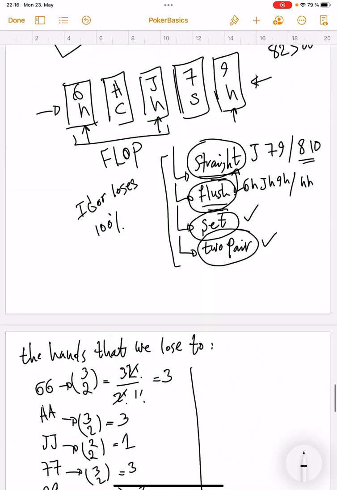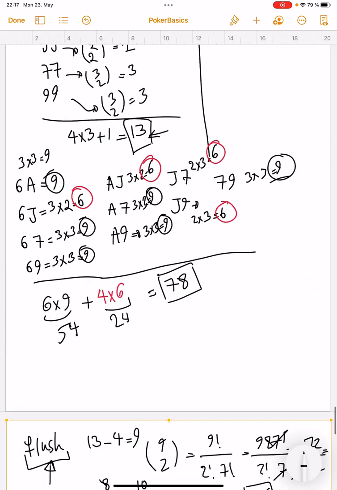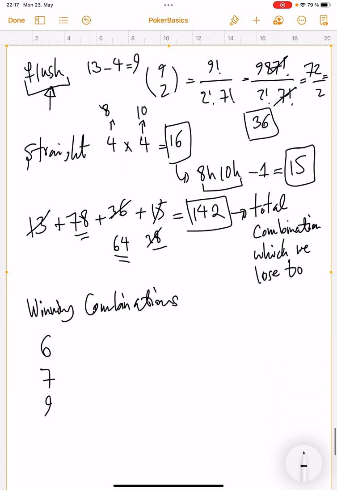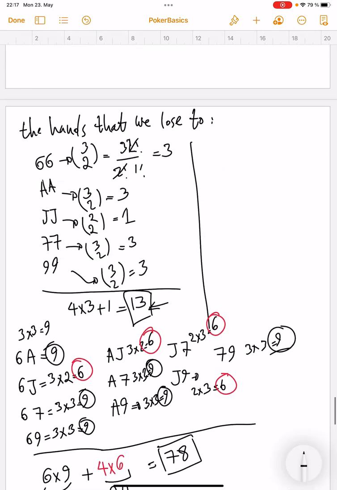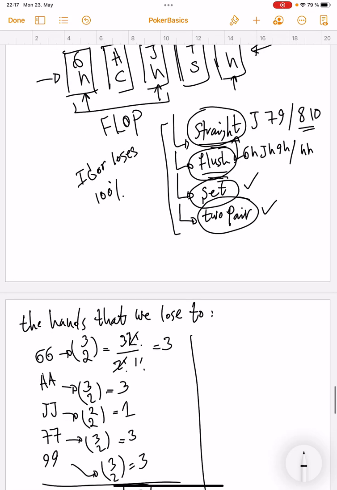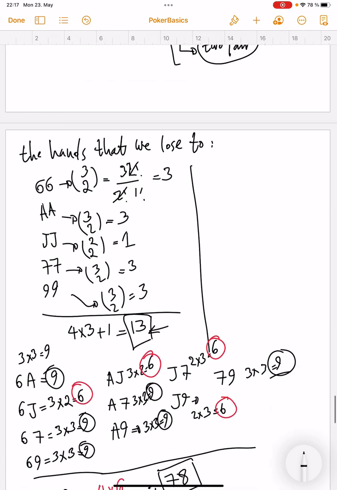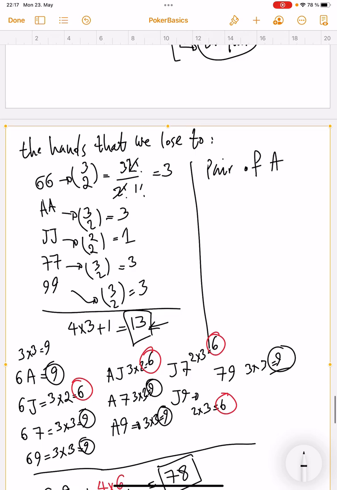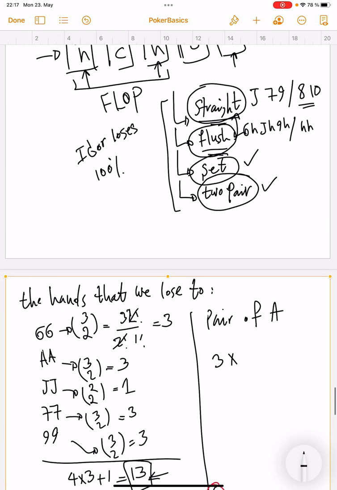As I said, I might be clumsy here and not consider some possibilities. There are more possibilities that we are losing, and that is a pair of aces. So how many aces are left? 3 are left in the deck, and the two pair possibilities we have already considered.